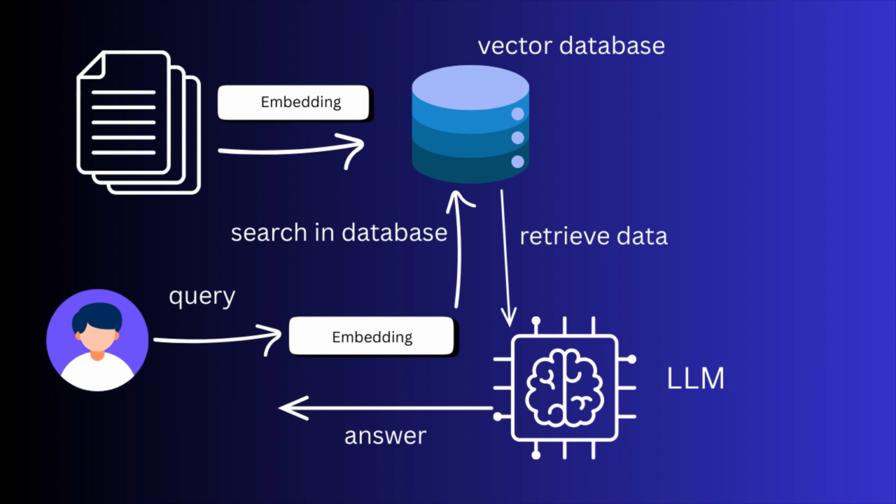So when the user asks a question, that question is also converted to embedding using the same embedding model and searched in the vector database for similar text. And the retrieved data will be passed to the LLM with the user's query. LLM will process the data and give the relevant result to the user. So that is the high-level architecture of RAG.